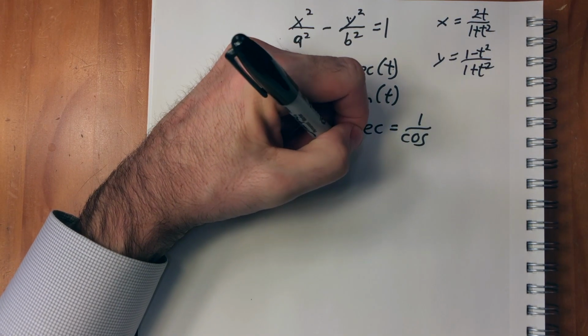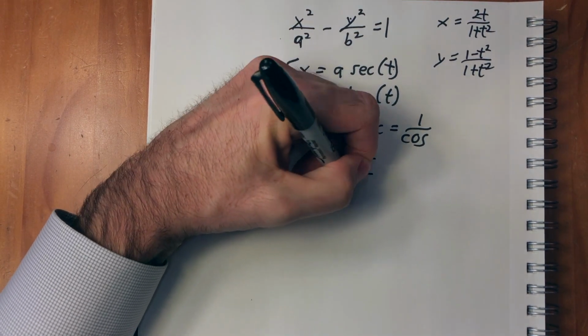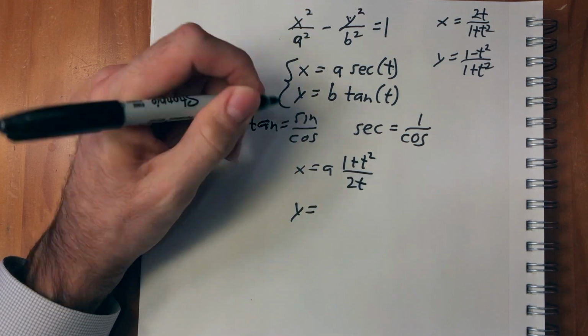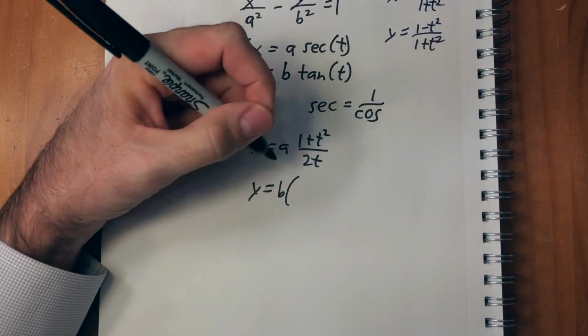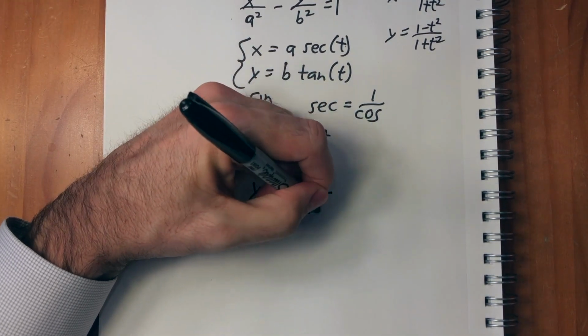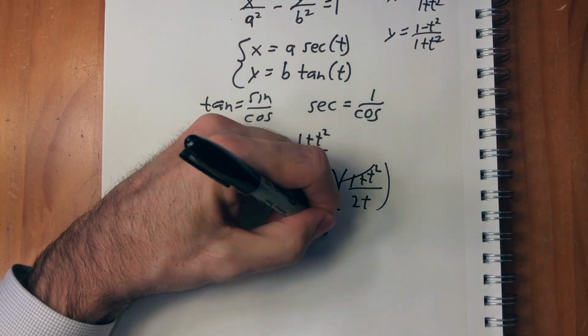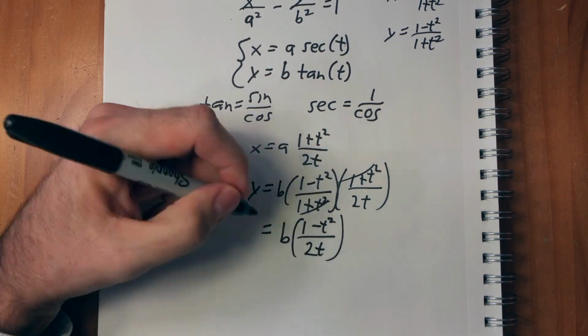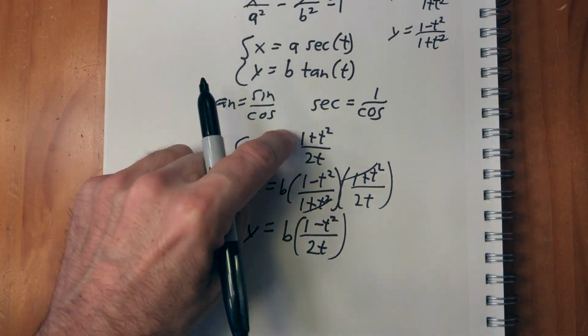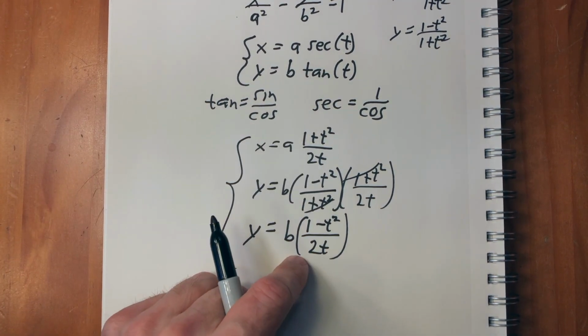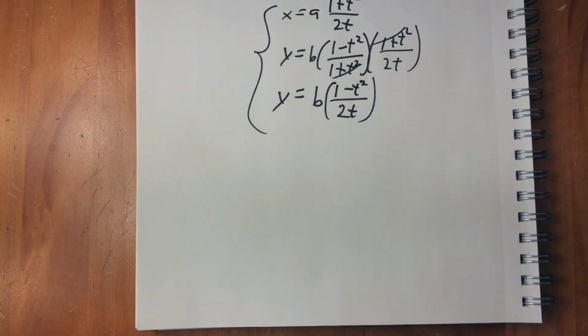So then x just equals a times the reciprocal of that, and y equals b times sine over cosine. So again, the reciprocal of x. Those cancel, and we get b times 1 minus t squared over 2t. So this is a rational parameterization of a hyperbola. Really amazing. Okay, well that takes care of polynomials of degree 2.